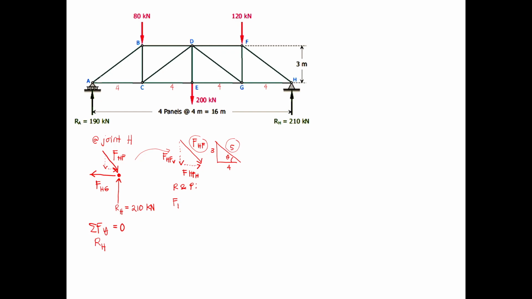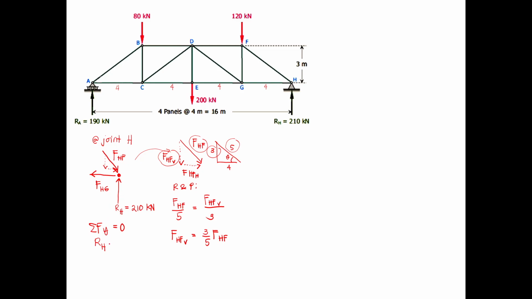so you're going to have, that will be the diagonal part. So FHF over 5 is equal to the vertical component over 3. So meaning our vertical force FHF vertical is equal to 3/5 of the force HF.